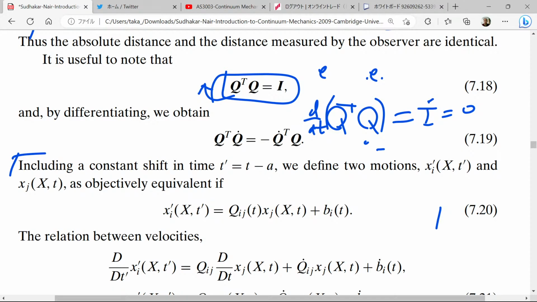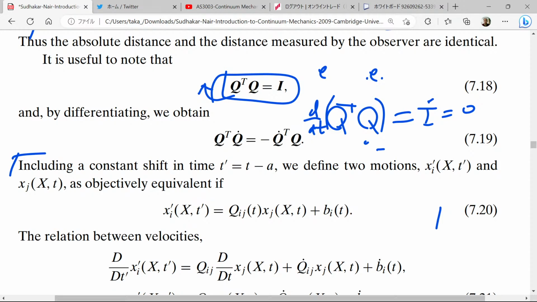Two motions are objectively equivalent. So how do you understand it?